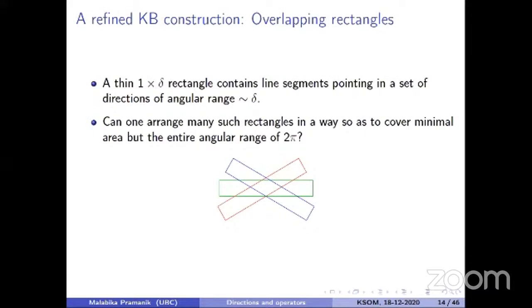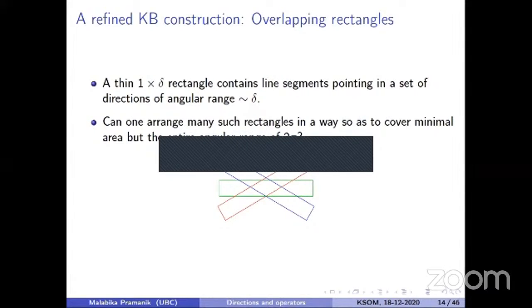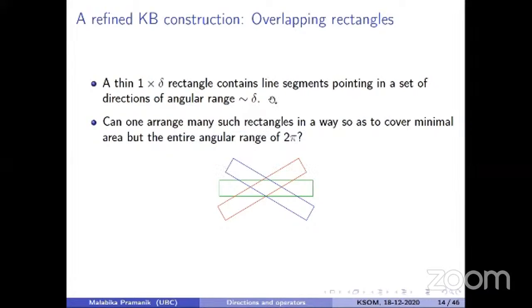Let us ask a delta-thickened formulation of Kakeya's question. If we thicken by delta a set which contains a unit line segment in every direction, what is the smallest area of such a set?